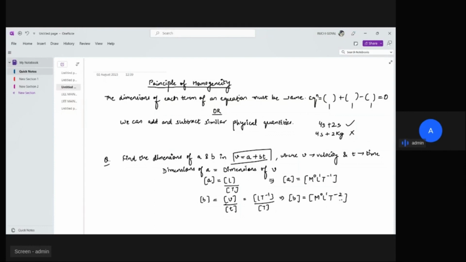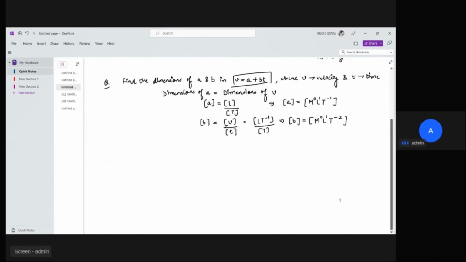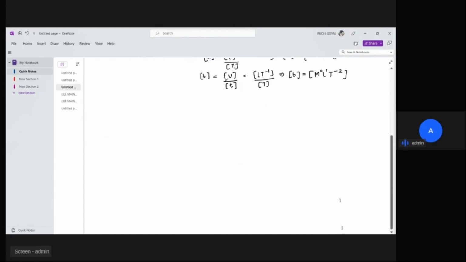Next topic we have here is dimensional analysis, because we have to find the relations between physical quantities using dimensional analysis. We will be doing more questions.